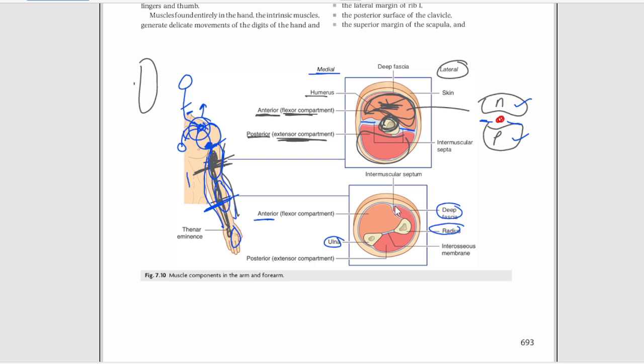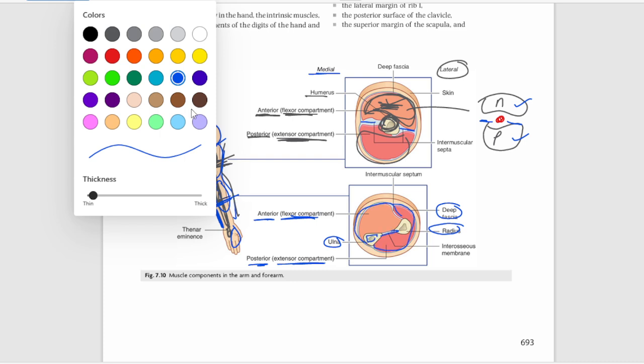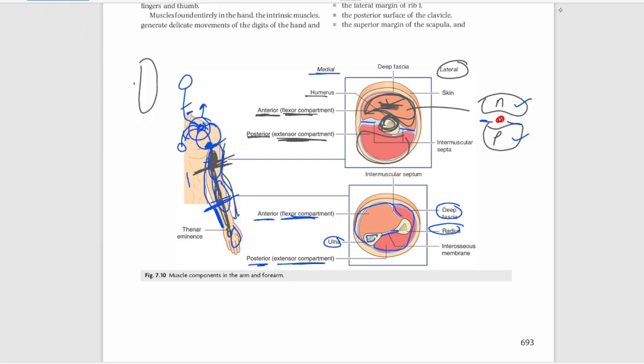Why is it called fascia? Deep fascia separates muscles and compartments from each other. This is the ulna bone. The ulna is on the medial side.